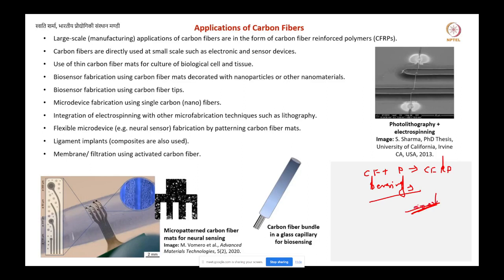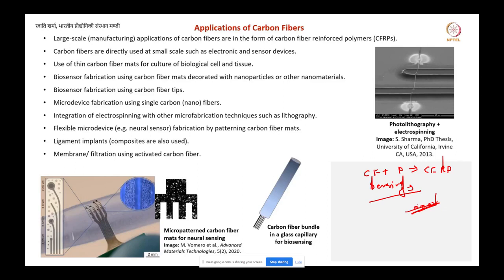You can grow the cells on top of this. And biosensor fabrication using carbon fiber mats decorated with nanoparticles or other nanomaterials. Biosensor fabrication using carbon fiber tips can also be done, and you can sense some bioactivity.